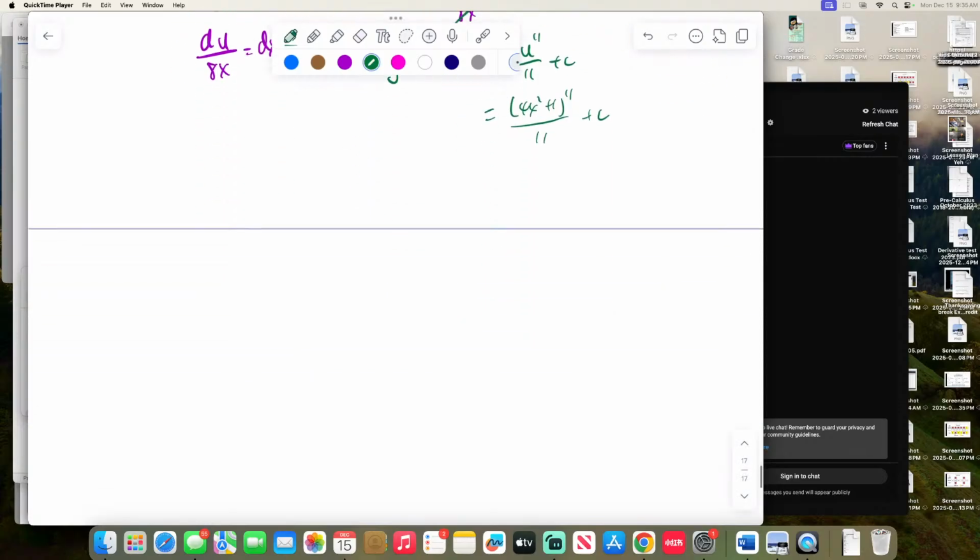So next thing, do you know how to take the integration of this? Integration of 5 cosine of 5x dx.